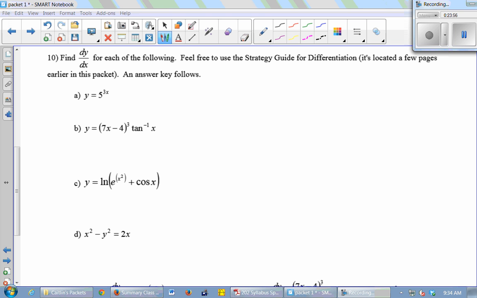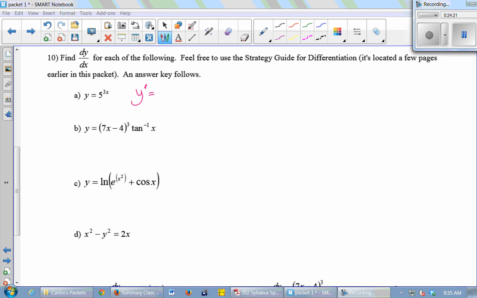For 5 to the 3x, what is the derivative of 5 to some stuff? Yes, 5 to the stuff times the ln of 5. That's the general rule: for a to the x, the derivative is a to the x ln a.